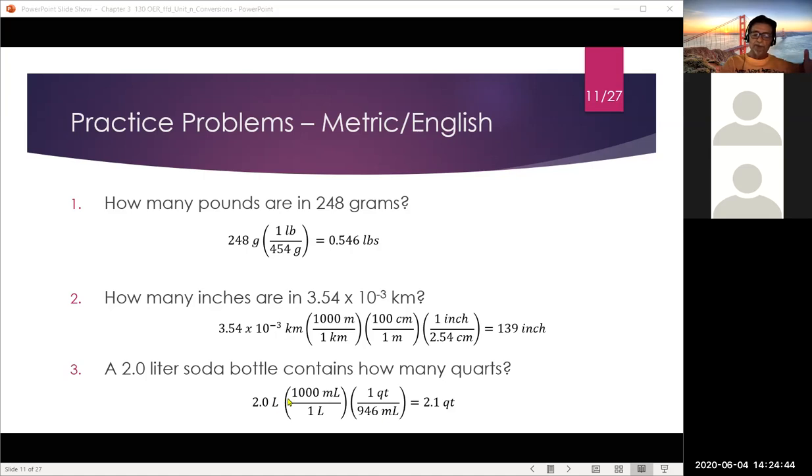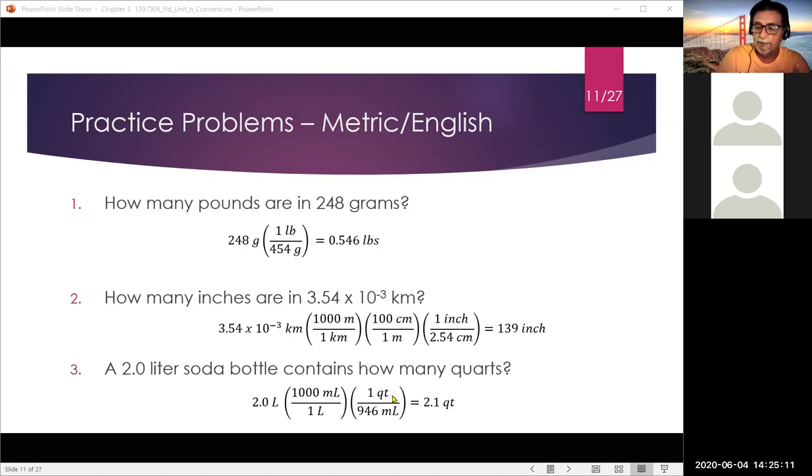So I need to convert my liters to milliliters. That's where my first factor comes into play, where I have 1,000 milliliters per 1 liter. My liters cancel, and then I put in the second conversion factor that there are 946 milliliters in the quart. Check your units, and do the mathematics.